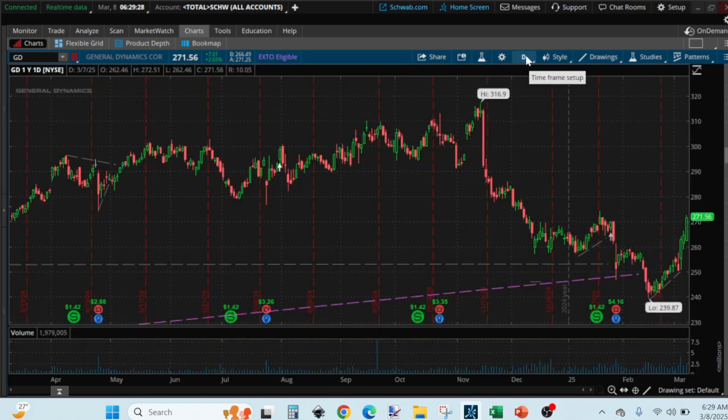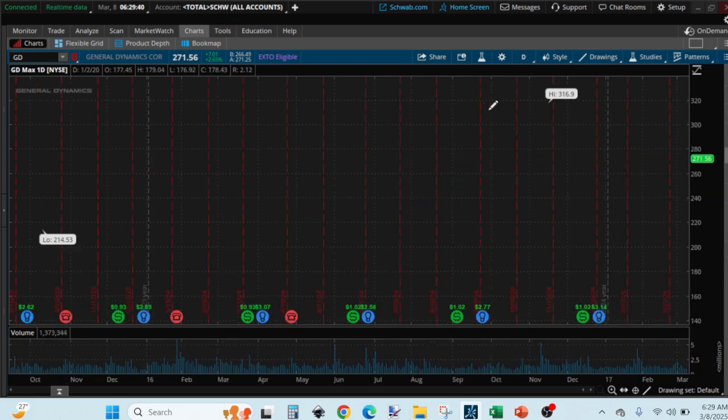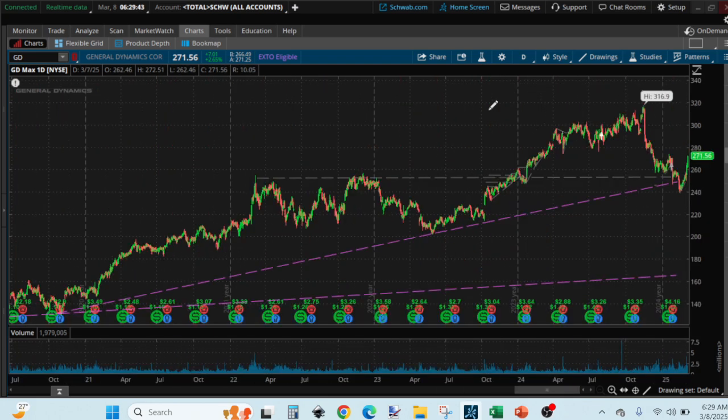With the long uptrend line swing trading strategy, the 1 year daily chart may not show all your support lines or trend lines that you target to be your entry point. Therefore, I like to use the maximum daily chart.